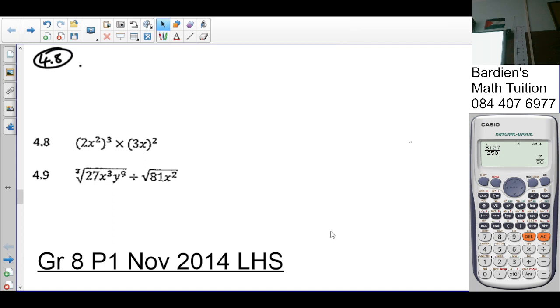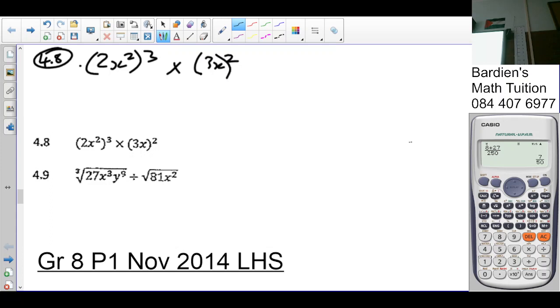Right, here we go. So, people, you got 2x squared raised to the power 3, times. Okay, times the same as multiply, no? 3x squared. Right. So 2 cubed is what? 8. x to the 3 times 2? 6. 3 squared? 9x squared.